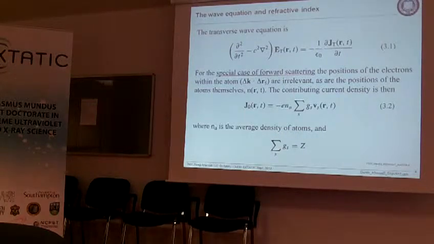So we talked about the wave equation, the transverse component of it, so that the transverse fields were driven by a transverse current density. This is written in vacuum, but we haven't determined what this is, and when we write it in terms of the same electric field, we combine them all on one side of the equation, and the refractive index appears.